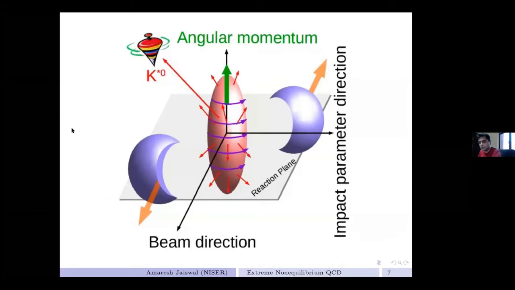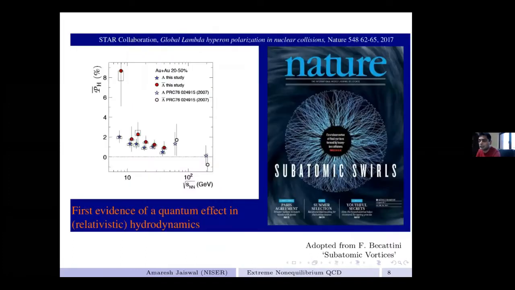However, still the point is that there is a non-zero polarization, which is a telltale sign of angular momentum, which we will see later why I claim this. It was actually featured on the cover page of the journal Nature. It tells you that there are very intense swirls.